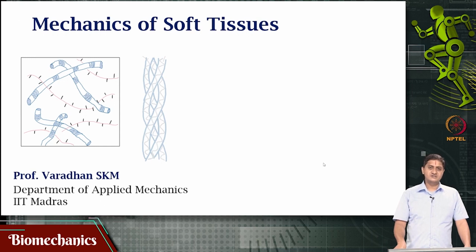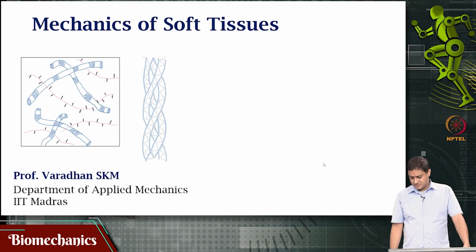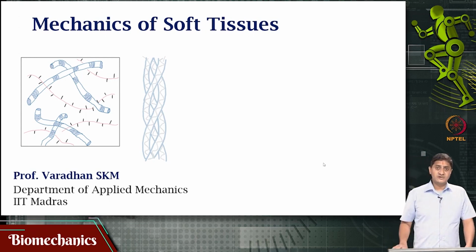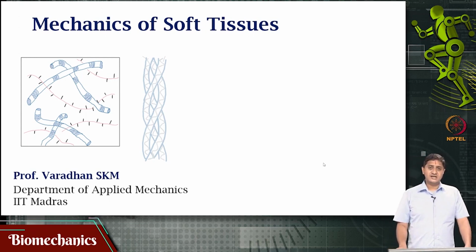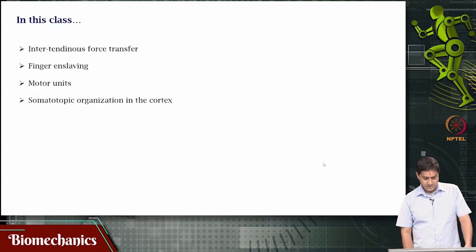In the physiological region, the elasticity is not linear. The modulus changes with deformation is something that we saw, and we developed some models of this. So, we continue our discussion on mechanics of soft tissues or tendons in particular.